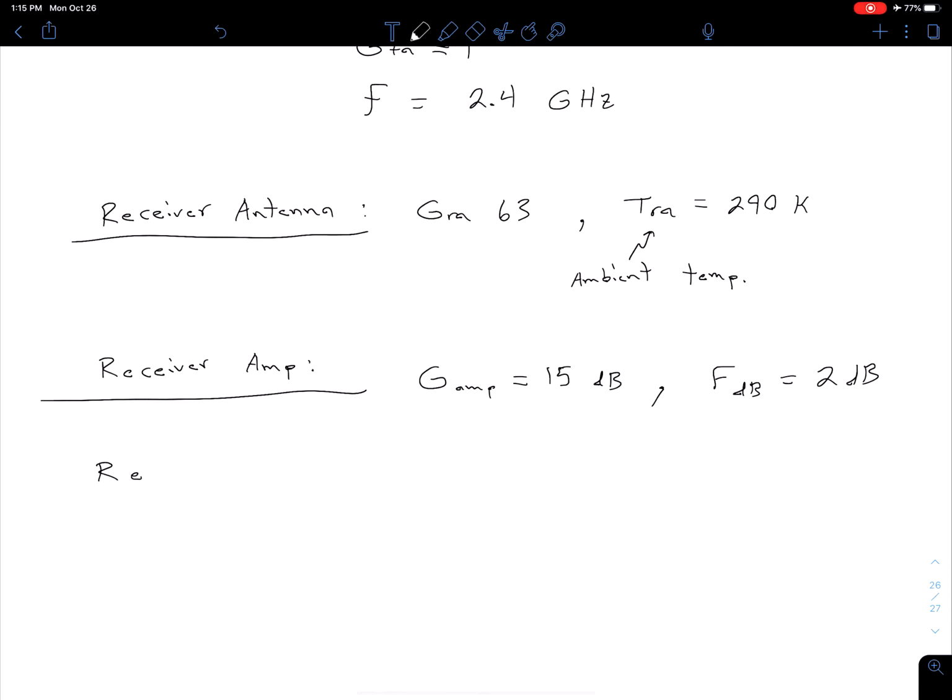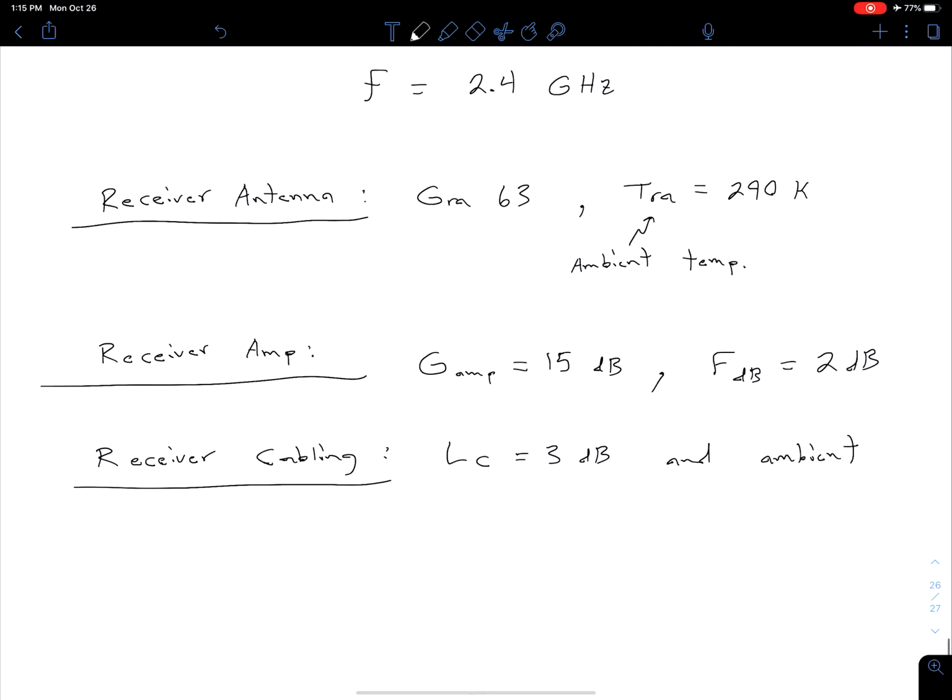Our receiver cabling: remember, we're going to have some loss in this cabling, and in the homework you're going to look at how switching the order of our LNA and our cabling can drastically affect operation. For our receiver cabling, the loss ratio L sub C is equal to 3 decibels. And we have an ambient temperature, as we defined before, TA, which is also equal to 290 Kelvin.